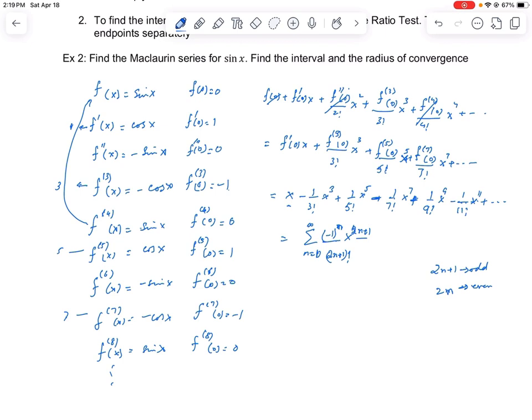If we do it with n equal to 1 to infinity, then we can have this as n. Here we should have n plus 1. Oh, no, n was okay.